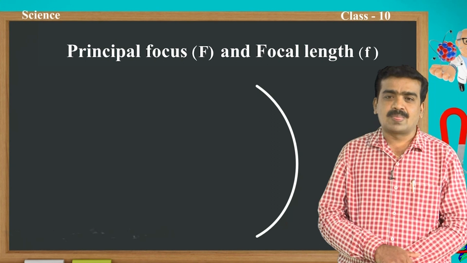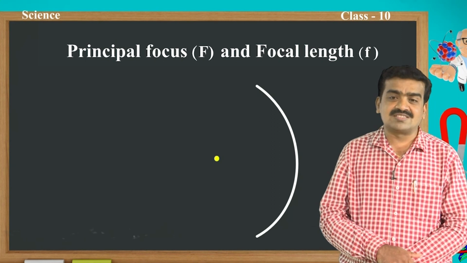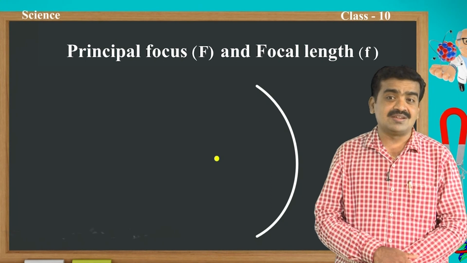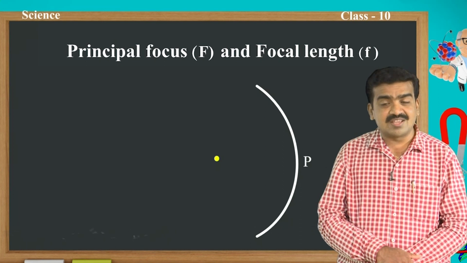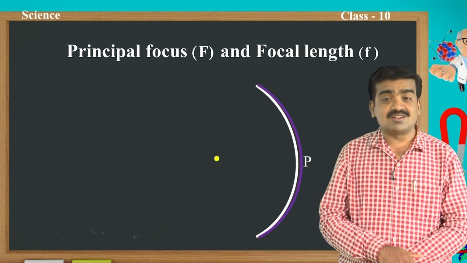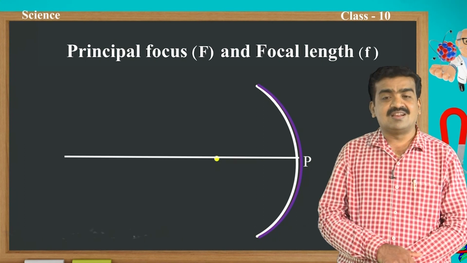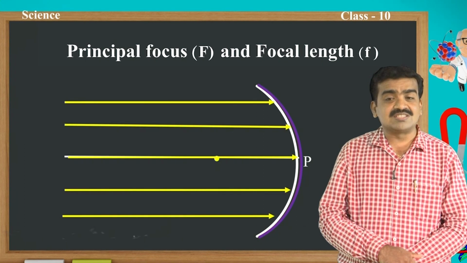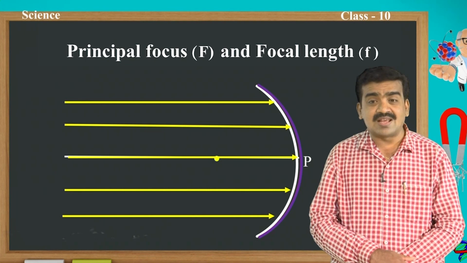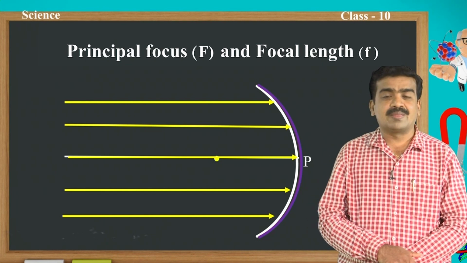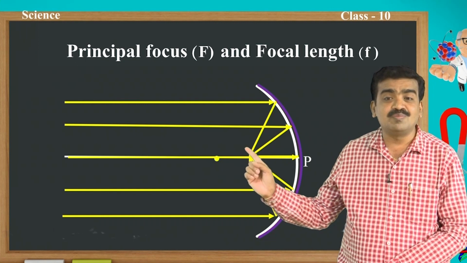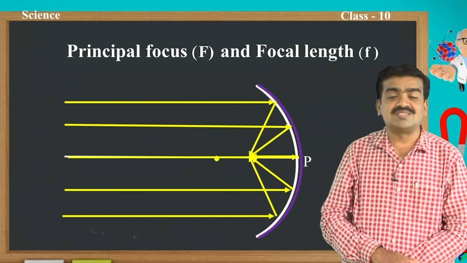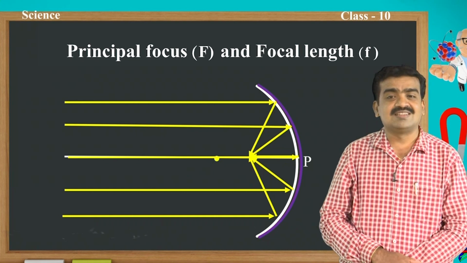You know that based on the reflecting surface, we classify the mirror into concave and convex. In a concave mirror, the reflecting surface is curved inward, and the rays which pass parallel to the principal axis get reflected by the reflecting surface. After reflection, they meet at a point on the principal axis.